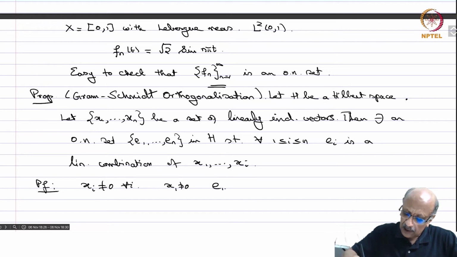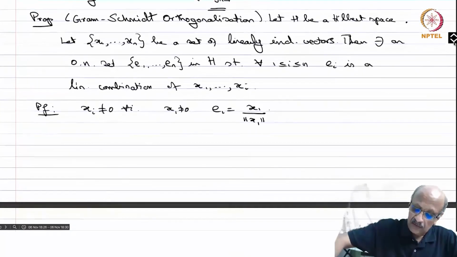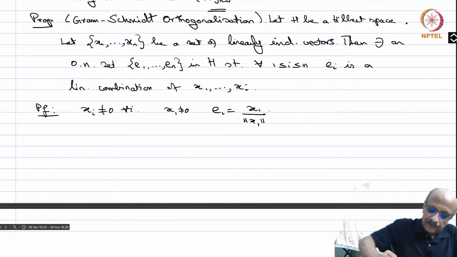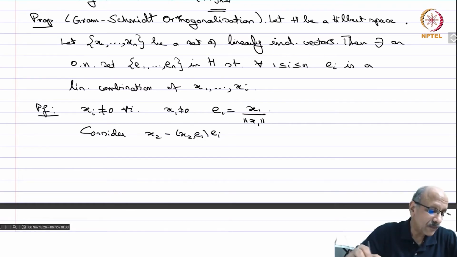So you put e1 equals x1 by norm x1. So this is automatically a unit vector. Okay, so now you take e2, so you consider x2 minus x2, e1 e1.